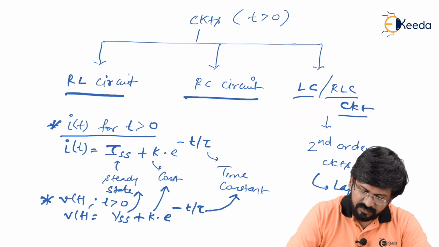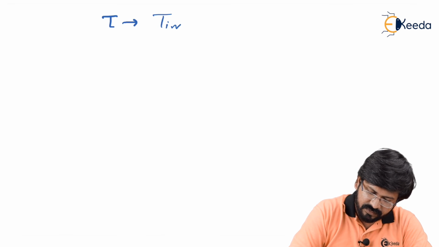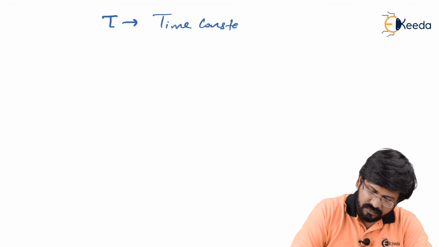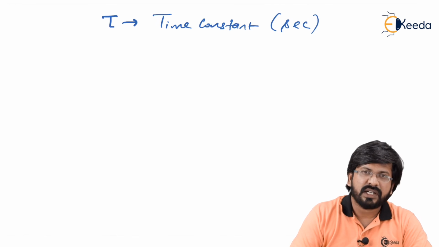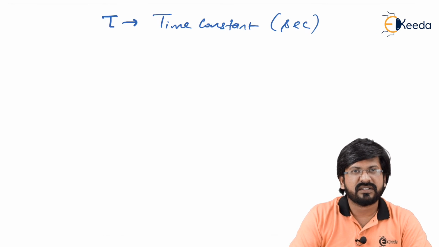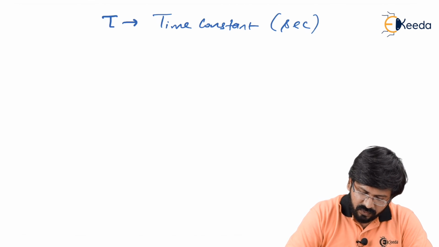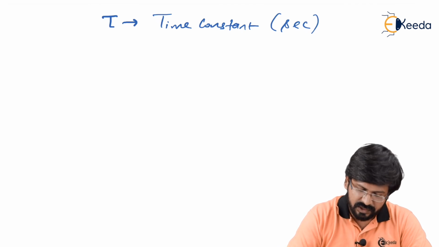Let's see. So tau stands for time constant. The unit is seconds. Time constant tells you how slow or fast your circuit is. The greater the time constant, the slower the circuit, and the lesser the time constant, the faster the circuit. So tau actually shows you how slow or fast your circuit is to the process.